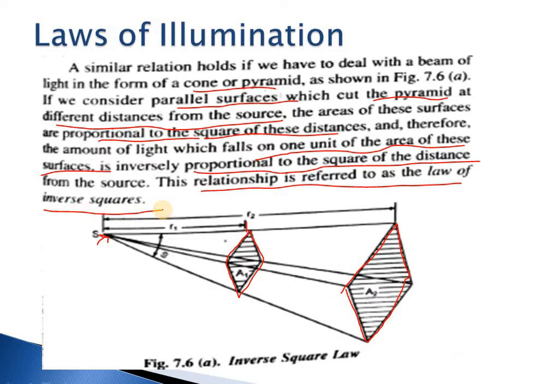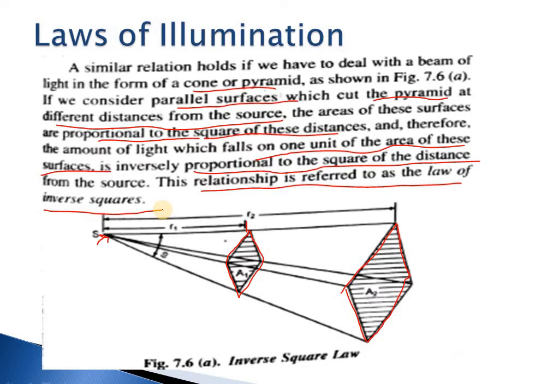That means the law of inverse square is told to us in two ways. First, when light is emitted on a sphere, and secondly, when light is emitted for a pyramid or cone.